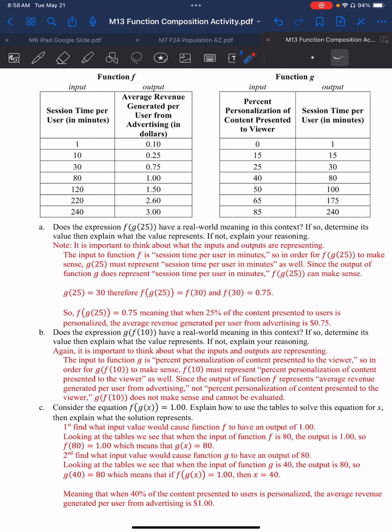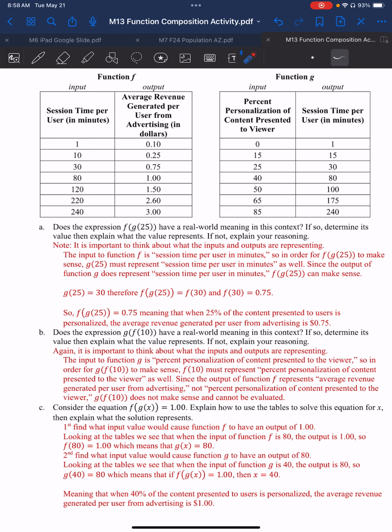So when G has an input of 40, G's output is 80, causing F's input to be 80, causing F's output to be $1. And so we find out that when 40% of the content presented to users is personalized, the average revenue generated per user from advertising is $1.